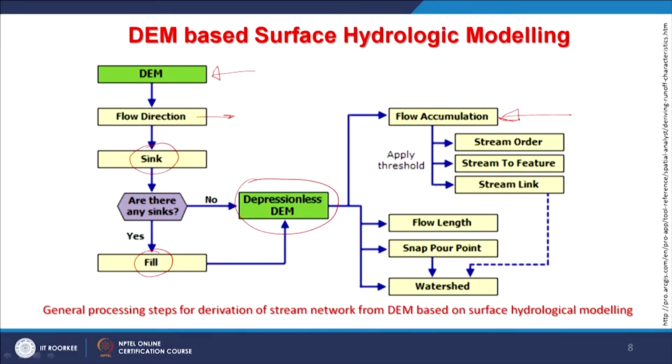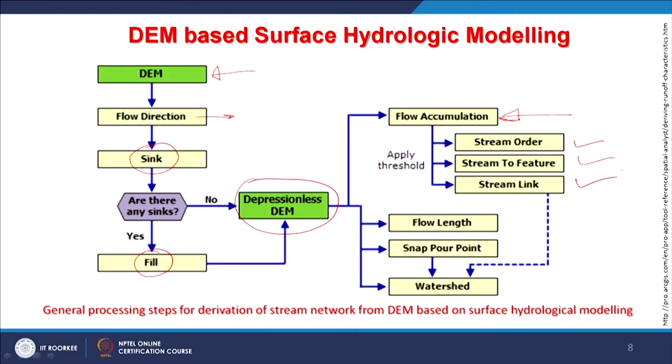Now using this flow accumulation, one can derive stream order using two well-established methods. You can derive stream feature, that means the drainage network in vector or polyline form, and also stream link, which is again very useful from the flow modeling point of view.